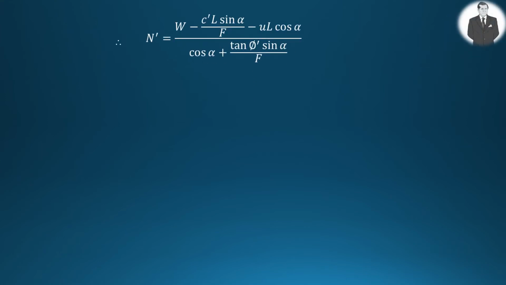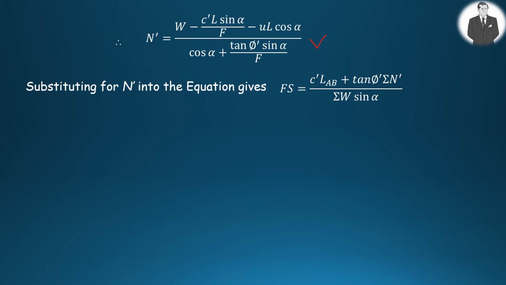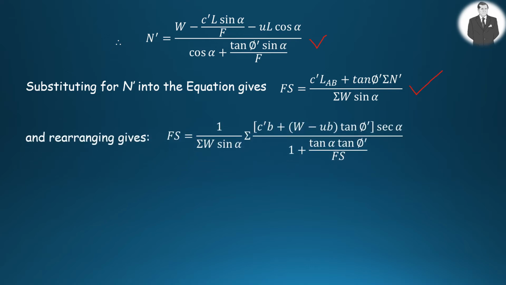Therefore, N prime can be expressed as shown here. Now, substituting for N prime into the equation gives the factor of safety. If the factor of safety is rearranged, we get the equation presented here.